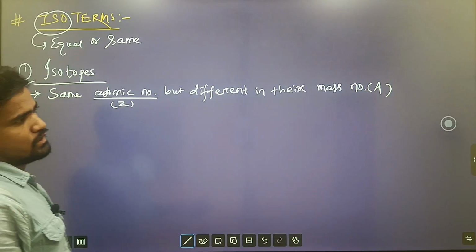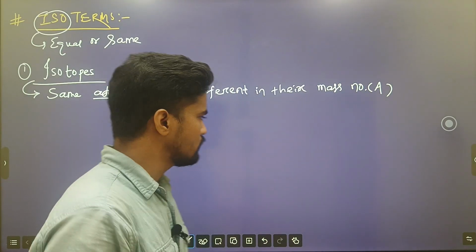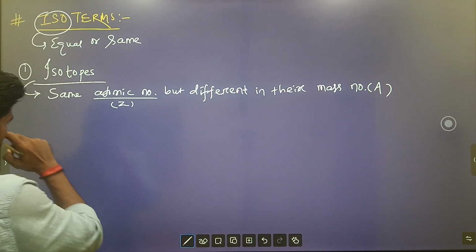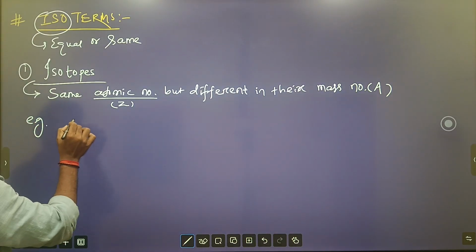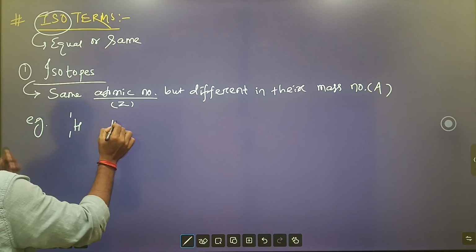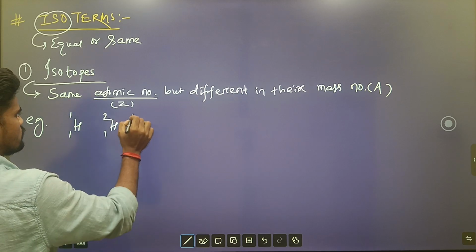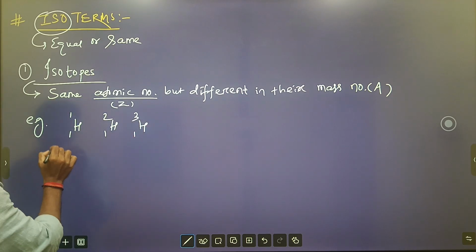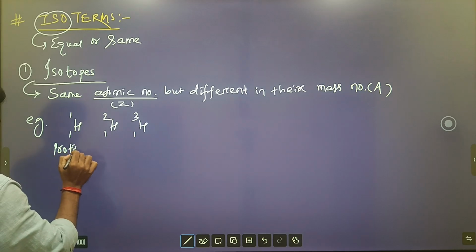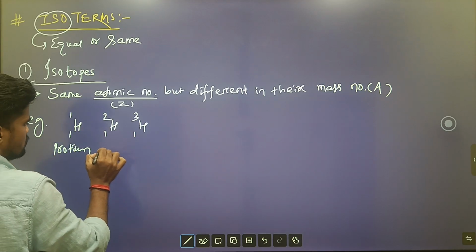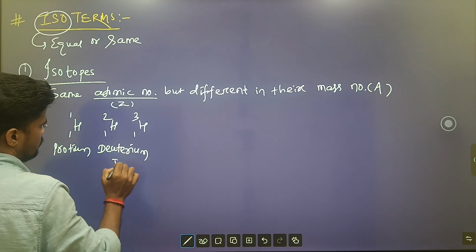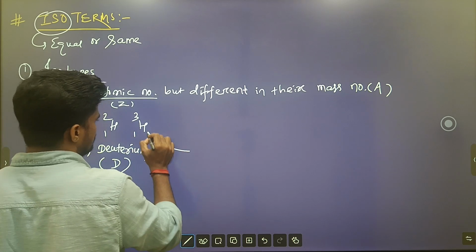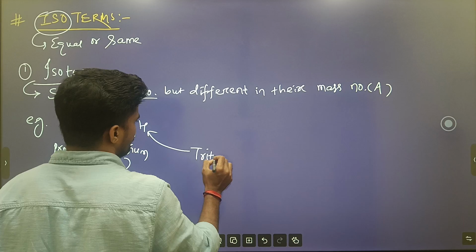We already discussed how we can represent an element. For example, hydrogen has three isotopes: H 1 1, H 1 2, H 1 3. The first one is called protium, H 1 2 is called deuterium, represented by D, and this is called tritium.